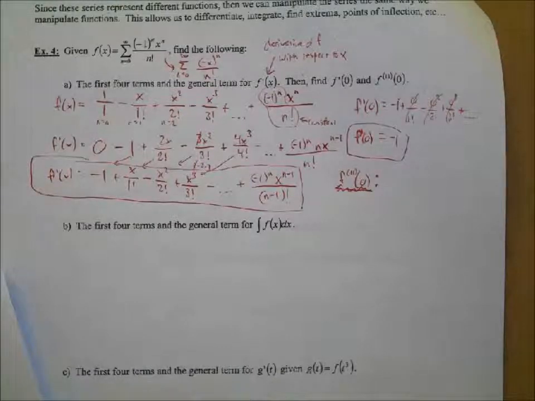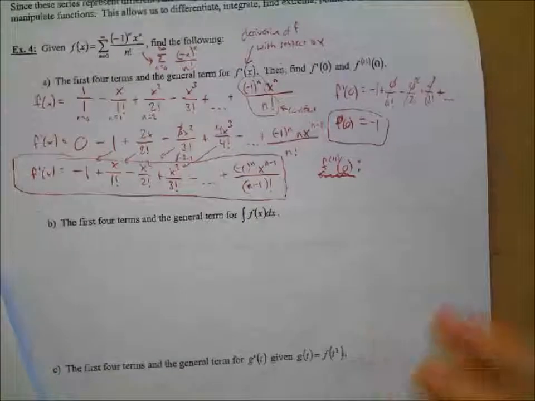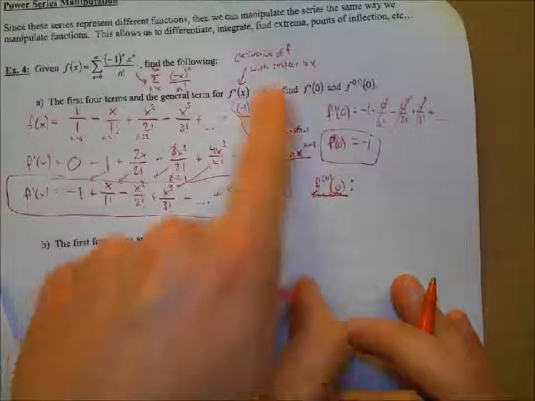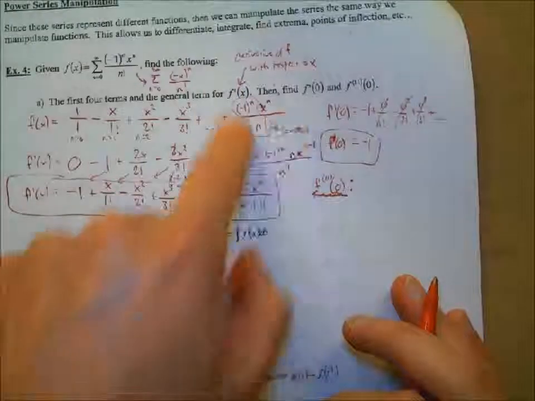All right, so anyway, yes, the 11th derivative of f here is going to be negative 1. Let's take a look at where this is coming from. Well, the 11th degree term of our power series. Here's the generic term for any term.